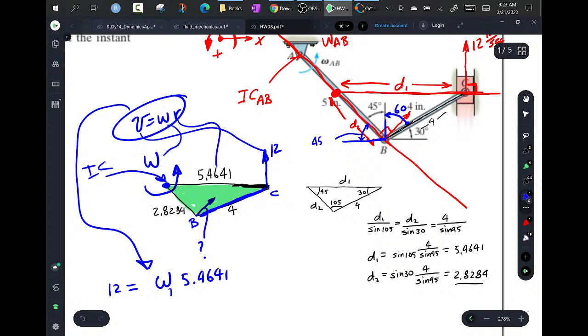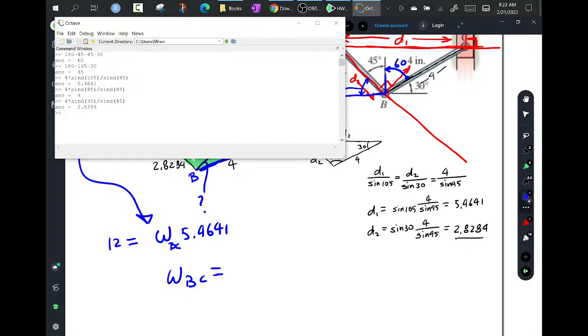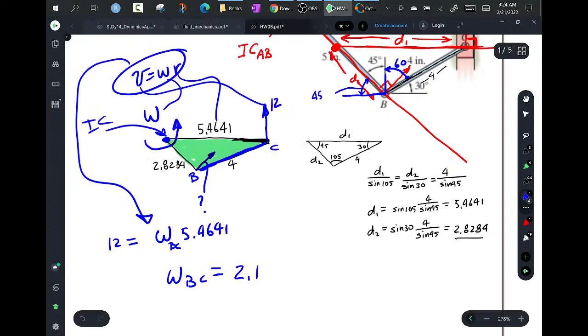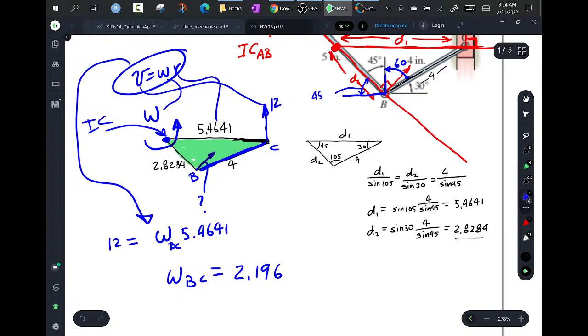So omega BC is going to be equal to 12 divided by 5.4641, if I copied that down correctly. I get 2.1962.